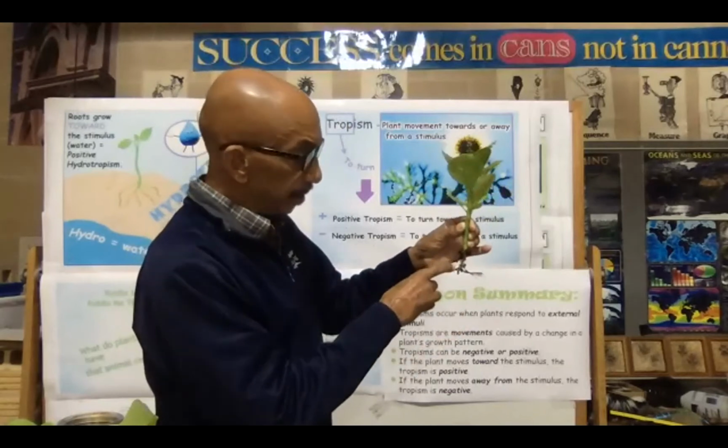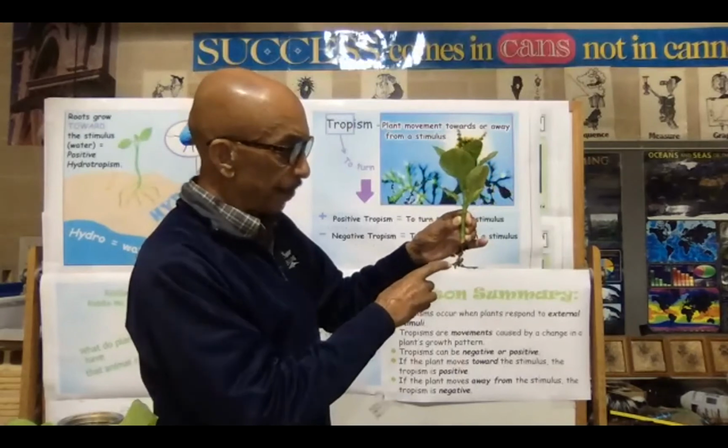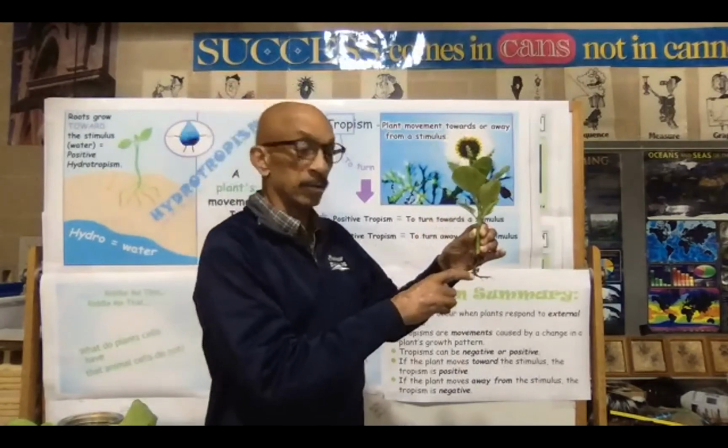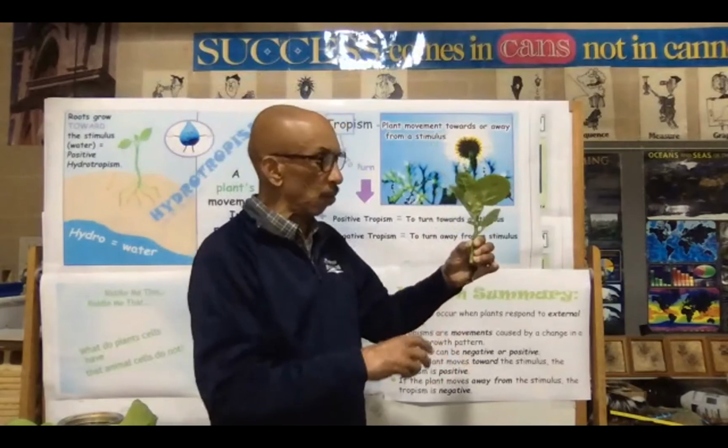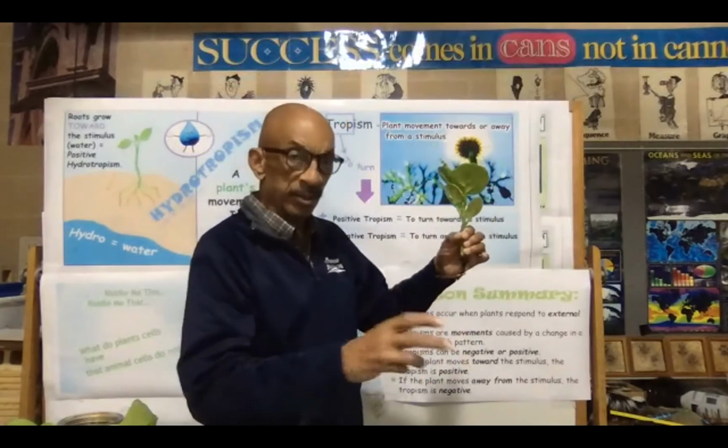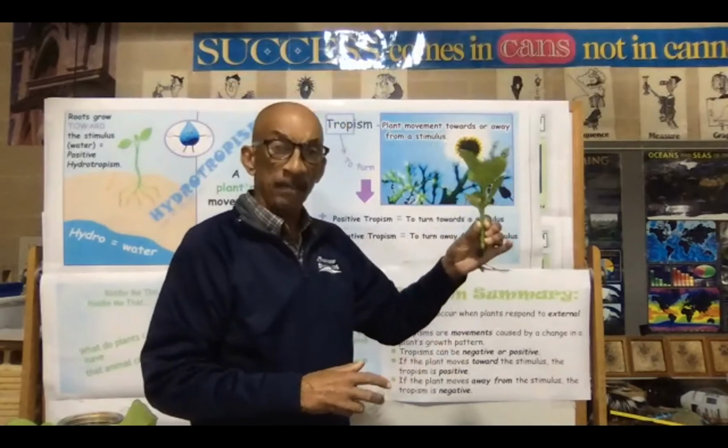So I'm thinking that hydrotropism was happening here to make these roots turn to the side because the water that I was watering the garden basically stayed on the top of the garden area.